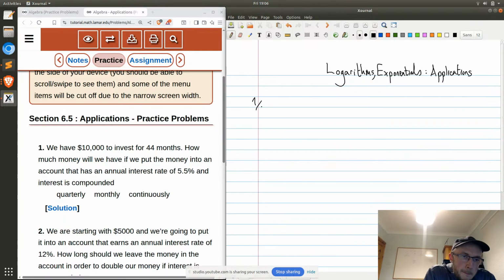1. We have $10,000 to invest for 44 months. How much money will we have if we put the money into an account that has an annual interest rate of 5.5% and interest is compounded quarterly, monthly, continuously?